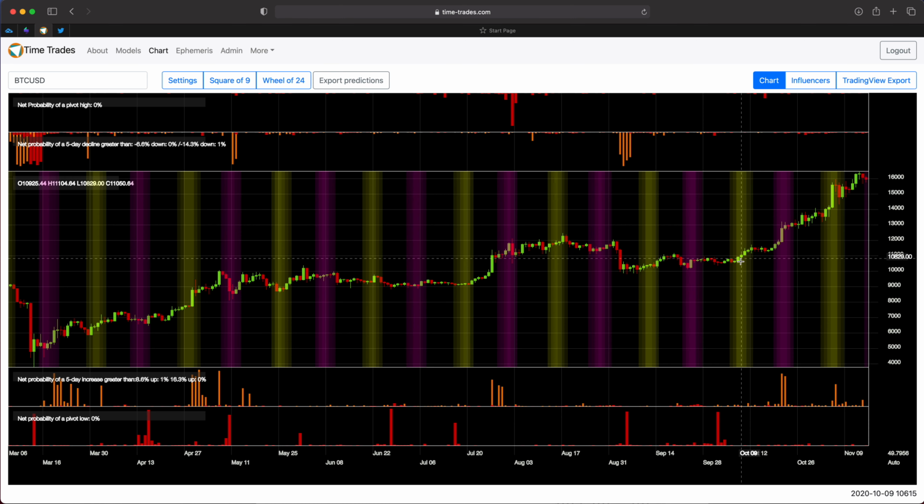And then here is the big clue in October. The second yellow period after this drop down, Bitcoin goes up, and it goes up relatively steeply from 10.5 to 11.7. So during that yellow period, it moves up like 10%.